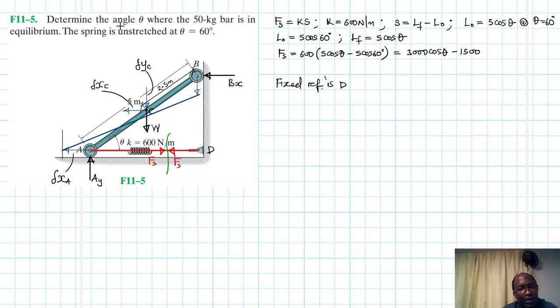We can call this one del y B. Okay, but we are not interested in that one. So we have written everything that we need, but the points where we are going to have virtual work is at point C in the vertical direction and point A in the horizontal direction.